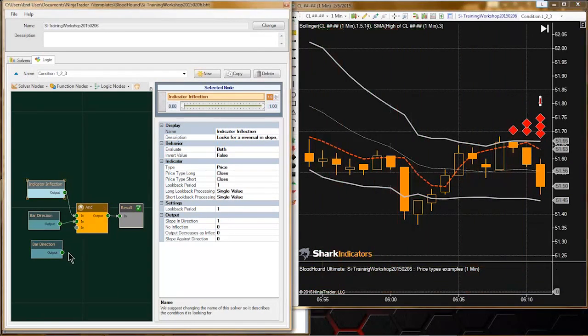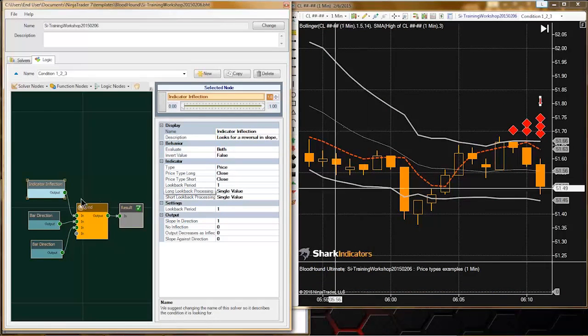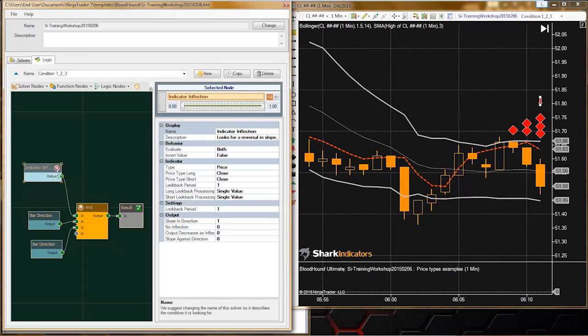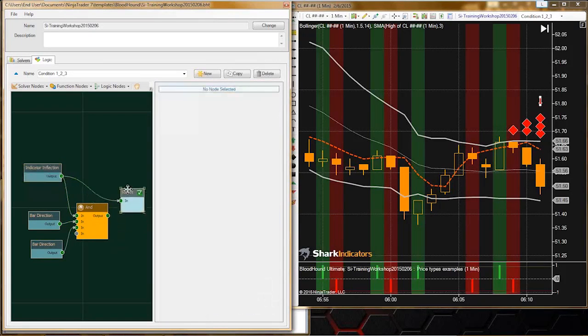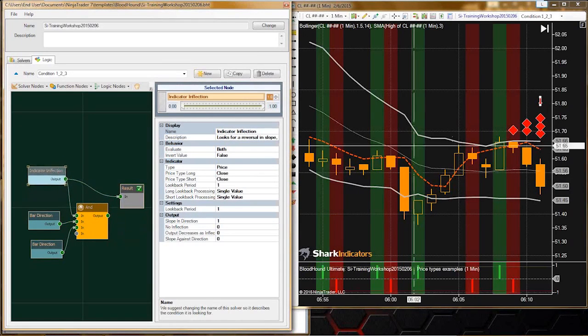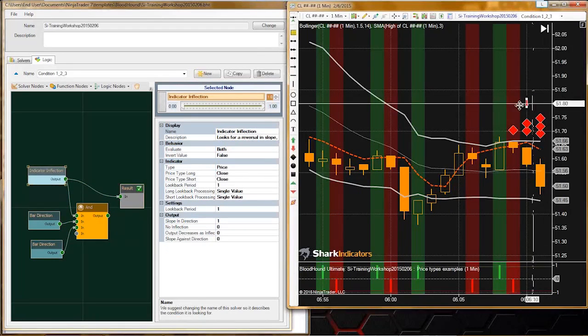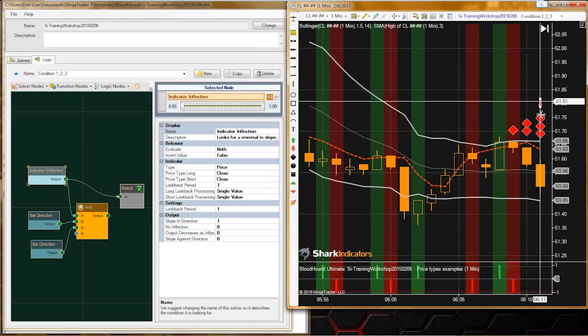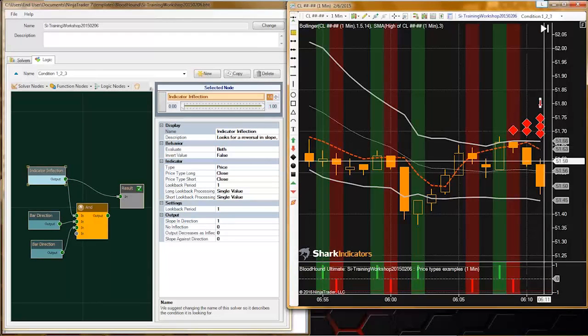So we're really not going to get any signal out if we just use an AND node. What we need to do is, right, the signal from condition 1, we need to somehow move it forward to the third bar here, where the third condition is.